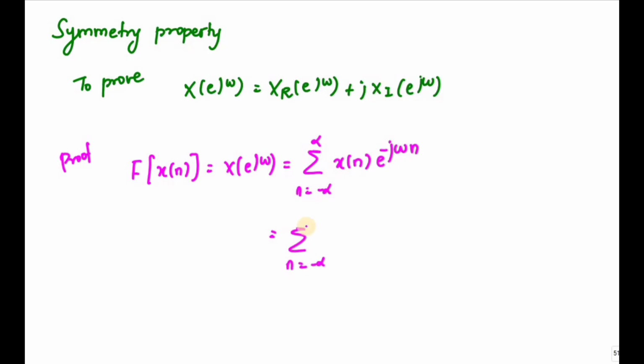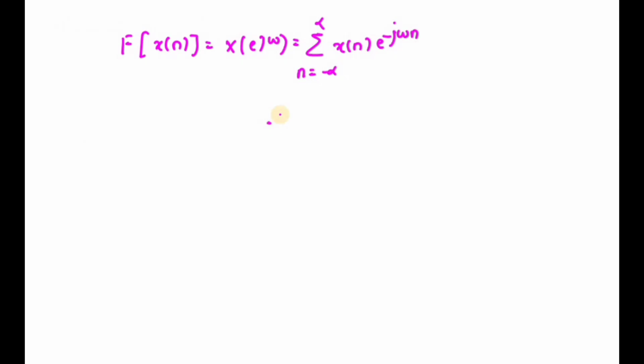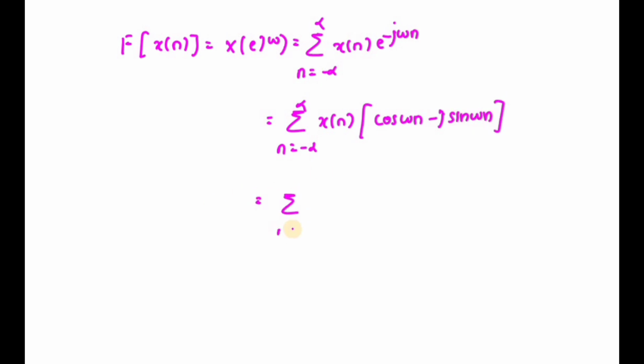This is equal to summation x of n times cos omega n minus j sin omega n. So this is equal to summation x of n cos omega n minus summation j sin omega n x of n.